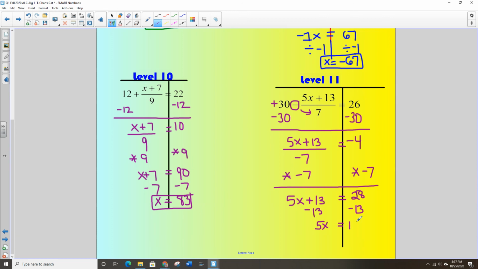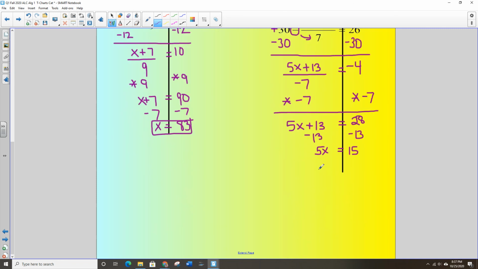Oh, it's not so bad. It's a 15. All right, and last but not least, how do you get that 5 out of there? Well, we're going to divide by 5. So our last answer, 15 divided by 5, is 3. All right. We just did levels 8, 9, 10, and 11.